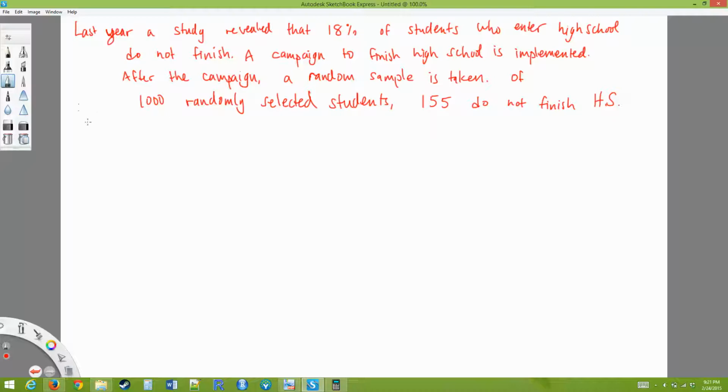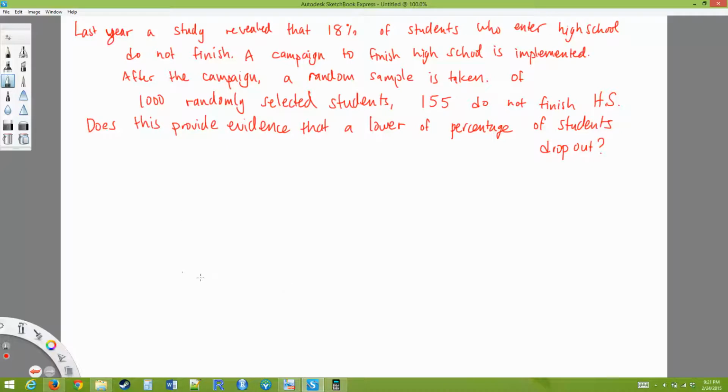Does this provide evidence that a lower percentage of students drop out? Okay, so this is our question, and we'll answer this using a hypothesis testing approach.